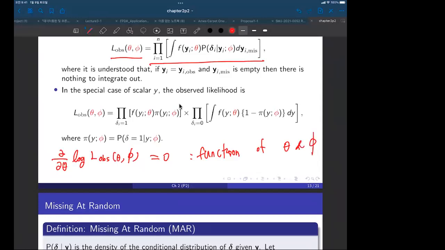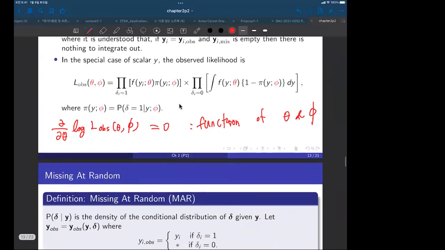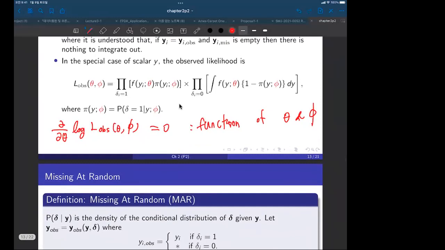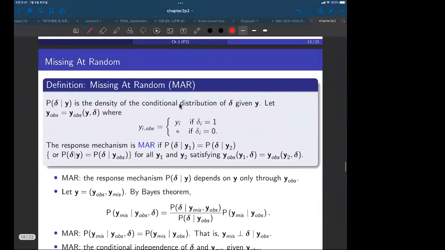Zeta is what we are interested in, so solving for zeta itself is okay. The problem is phi, which is more like a nuisance parameter. So he wants to get rid of it some way. The question is how. What is the assumption that can guarantee we ignore the dependence on phi? That is the concept of missing at random.